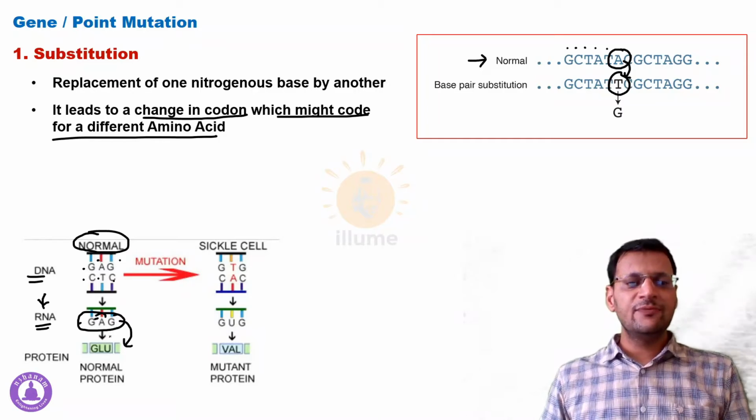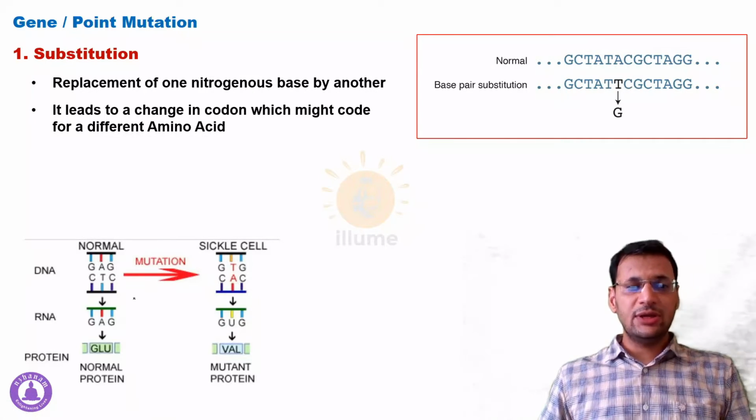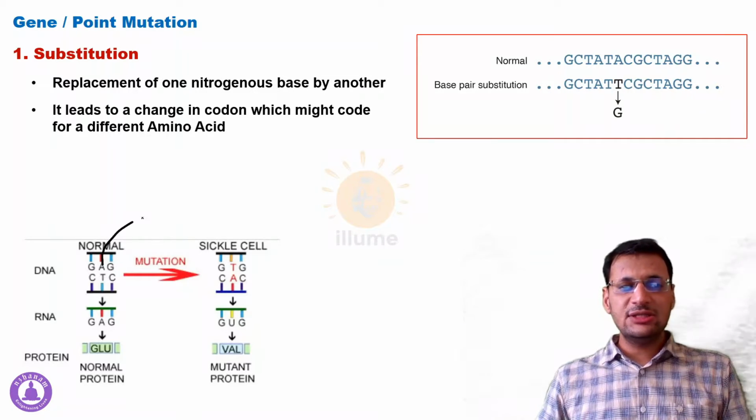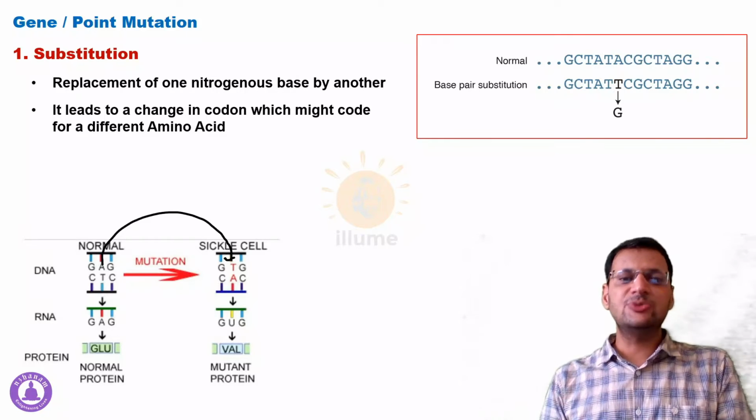So the protein would contain an amino acid called glutamine. What we are doing, we are substituting this A with this T, that is thymine. So in place of adenine, thymine has been substituted.